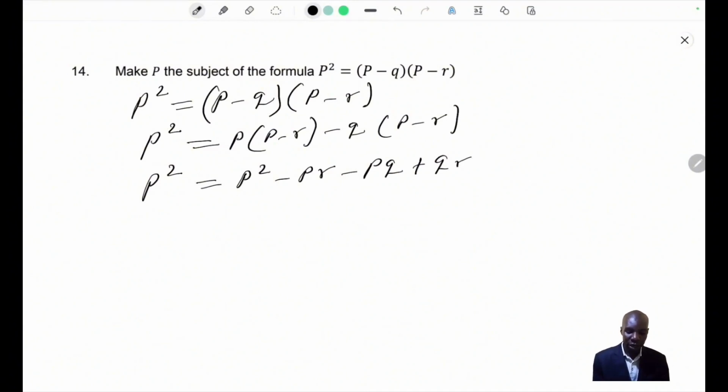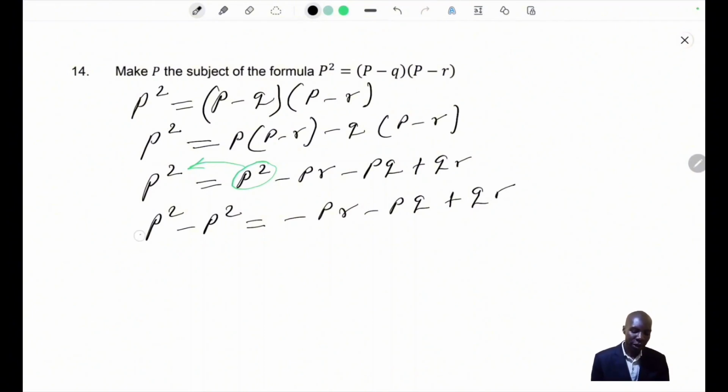Then we can collect the like terms. We'll say P squared minus P squared, because we have brought this one to the right, should be equal to minus PR minus PQ plus QR. So this one will cancel out, we'll have 0 is equal to minus PR minus PQ plus QR.